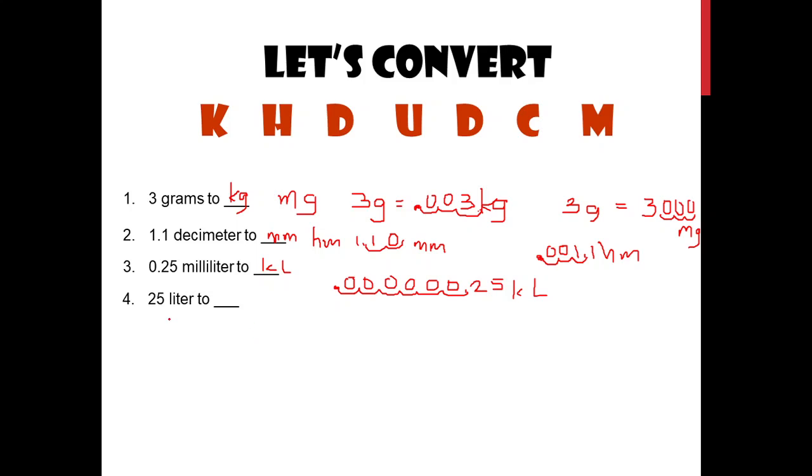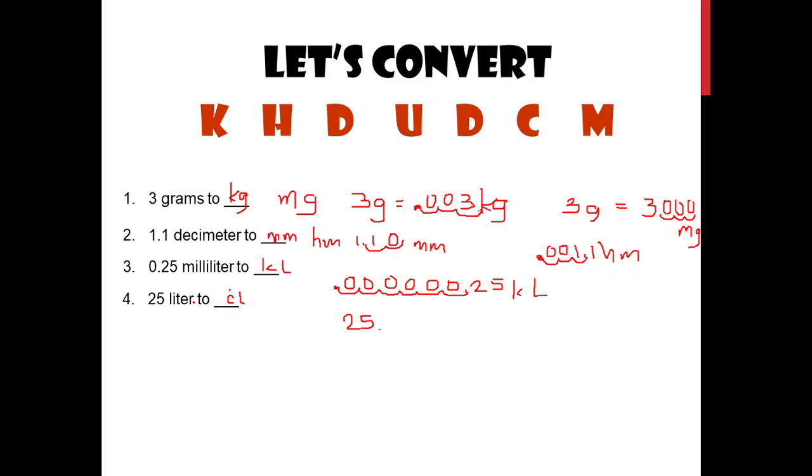Next, 25 liter. I want to convert this one into centiliter. Okay, so I'll just write my 25 here. Again, if it's a whole number, the decimal is after the number. It's here, right?